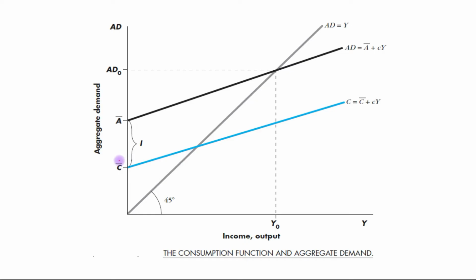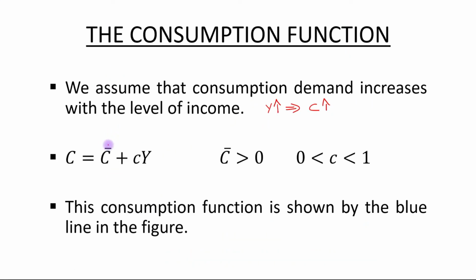This C bar is our autonomous consumption. Autonomous consumption is the level of consumption when the income level is 0.